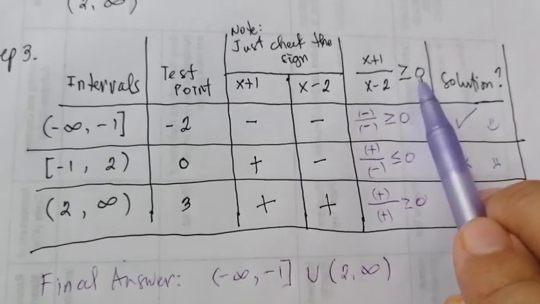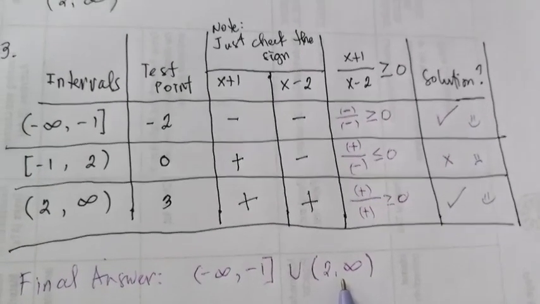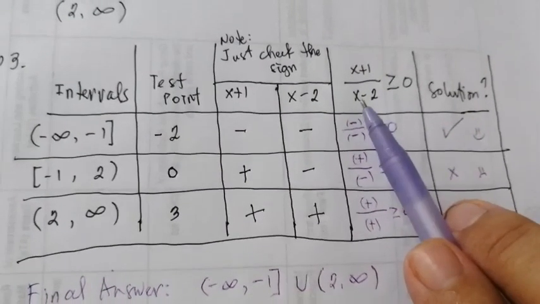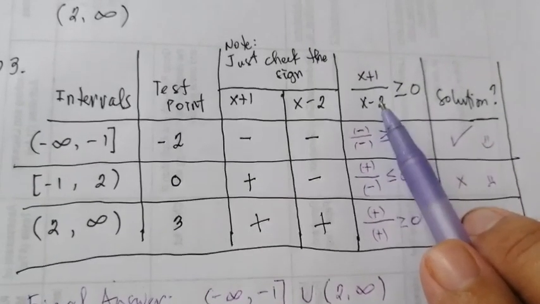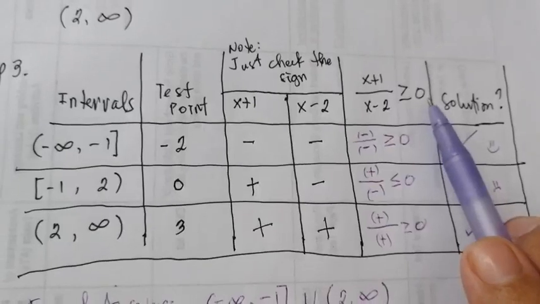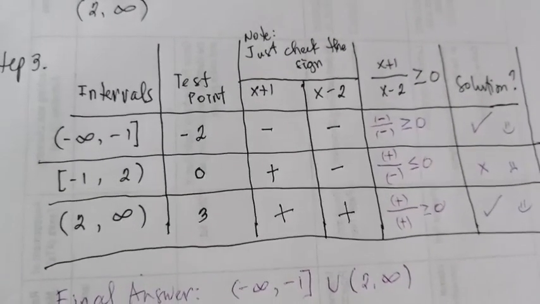So, greater than or equal to 0. So, check. Pagdating naman dito, let's say 3. So 3 plus 1, 3. 3 minus 2, 1. So that's 3 over 1. And 3 over 1 is greater than or equal to 0. So pasok sa interval. Okay?